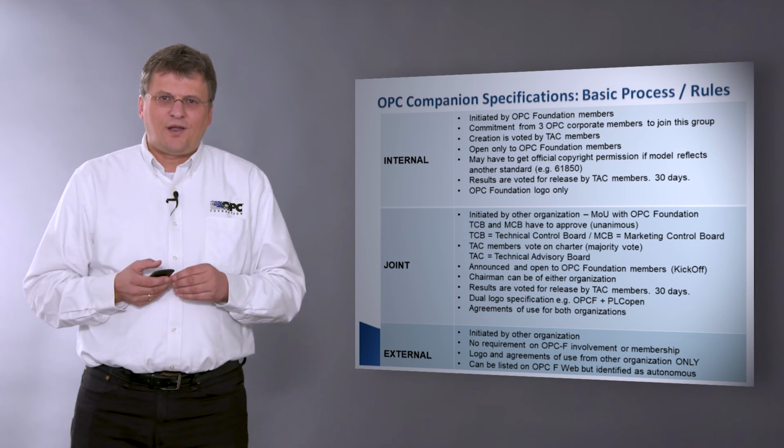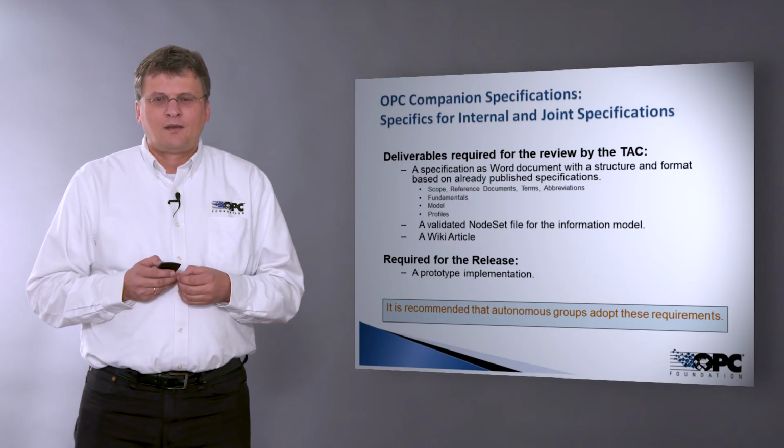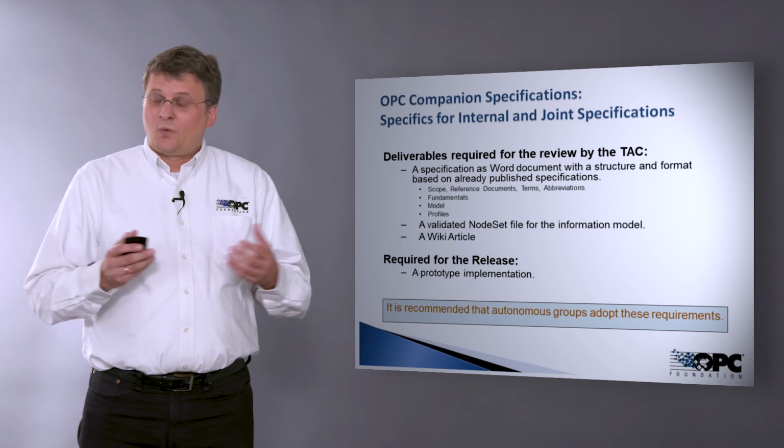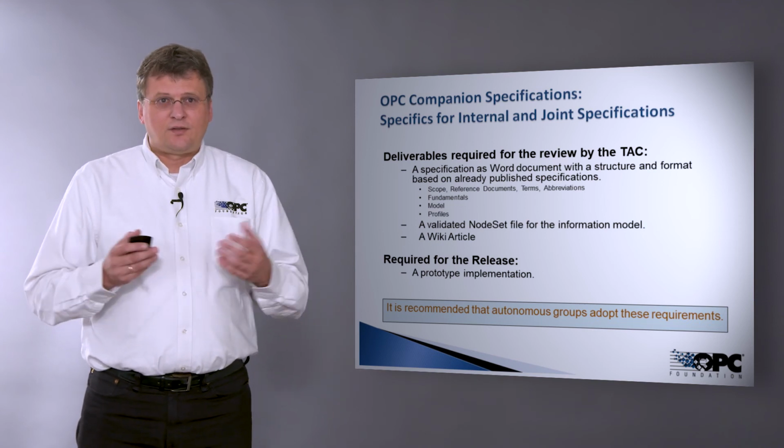Once a group has finalized the work, the result gets back to the Technical Advisory Council, and this group then has 30 days time to vote on it or give feedback on what has to be changed and adapted a little bit. So when the group has started, what do they have to deliver at the end?